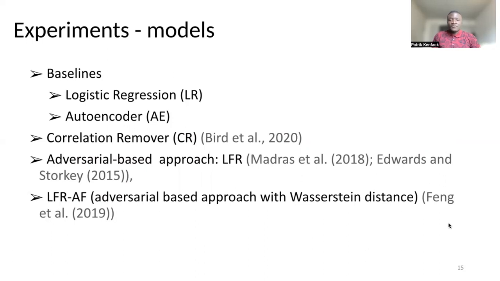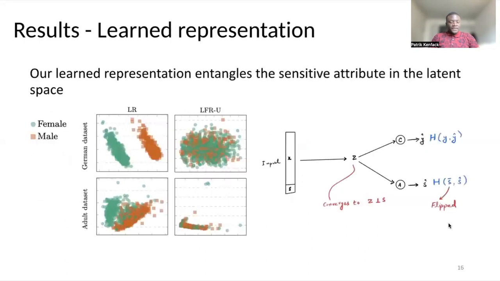We have the adversarial-based approach as I presented. Another approach is also adversarial-based, but it uses Wasserstein distance instead of the cross entropy loss as the adversary loss. Regarding the results, we analyze the learned representation that we have.